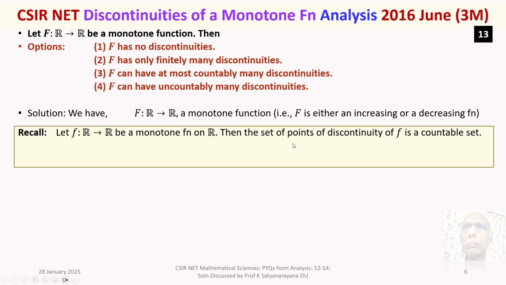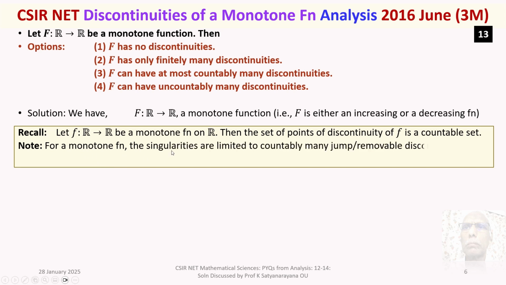Then the set of points of discontinuity of f is a countable set. Note, for a monotone function, the singularities are limited to countably many jump discontinuities or removable discontinuities.